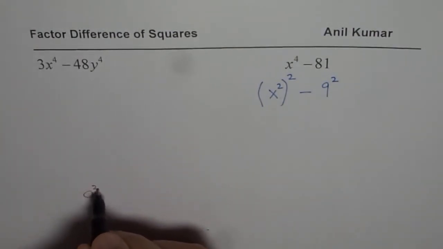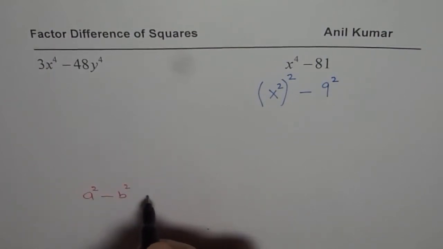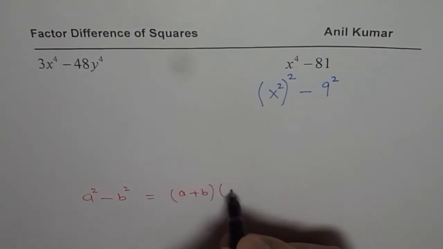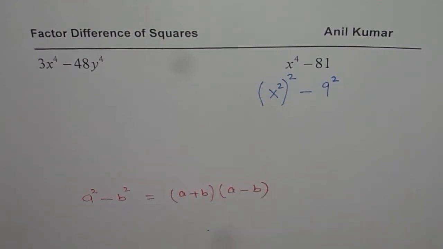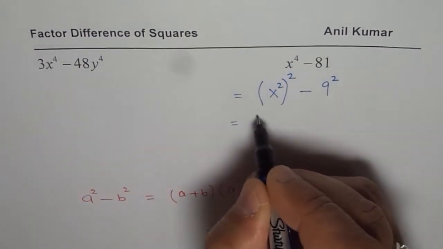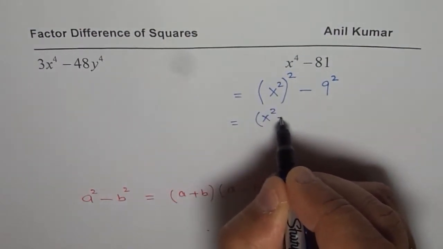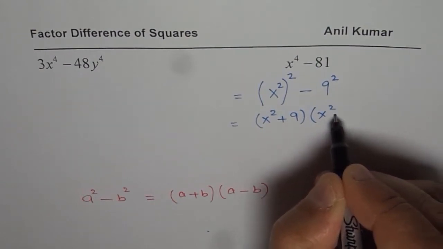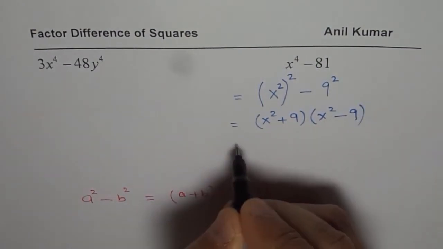It is a square minus b square is equal to a plus b times a minus b, right? So in this case, a is x squared and b is 9. Therefore, we can actually factor and write this as x squared plus 9 times x squared minus 9.